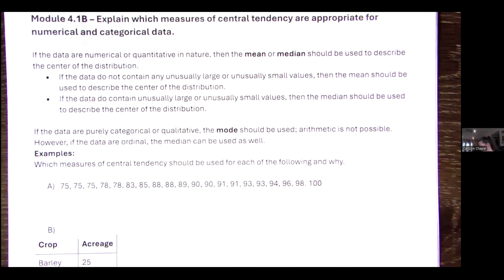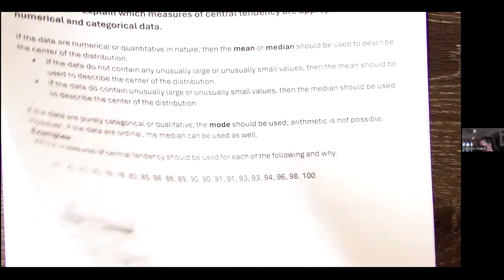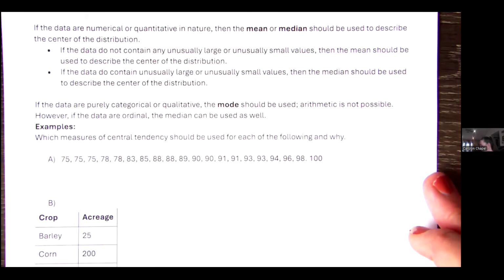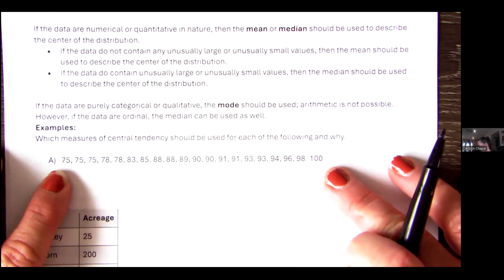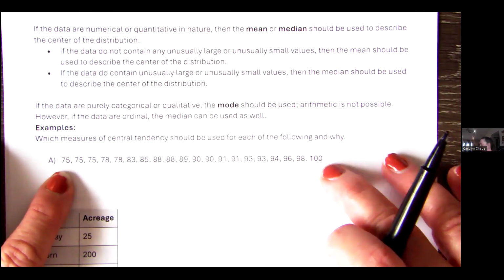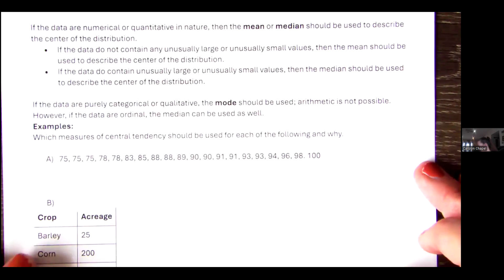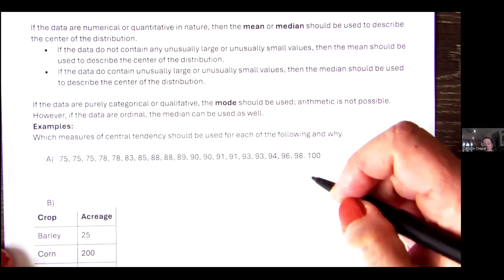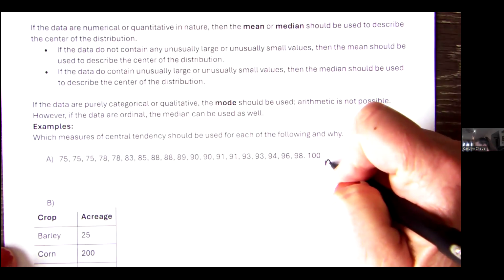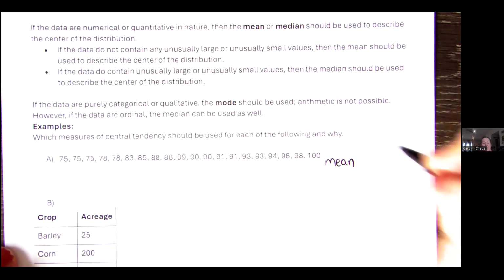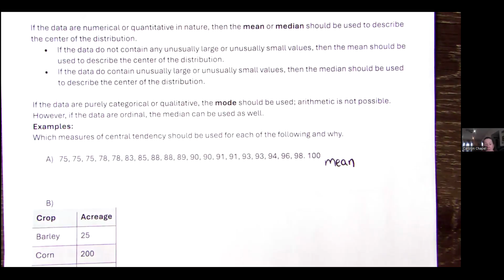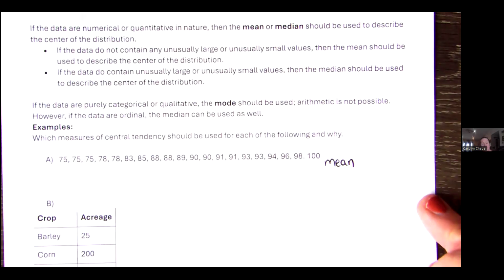So we're going to go through just a couple of examples here and determine which would be the best and why. I have a data set with some numbers, and they are in order just to make it a little easier. They ranged from 75 up to 100. I would say that we don't really have any really big numbers or really small numbers, so I would tend to use the mean to estimate that middle central piece.